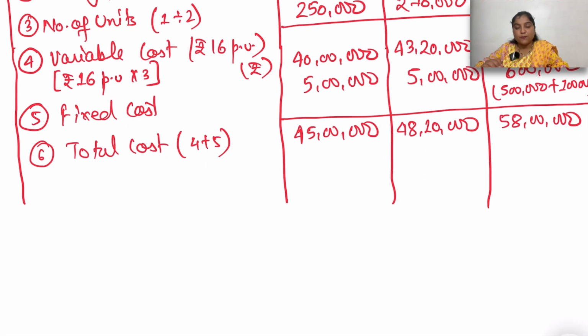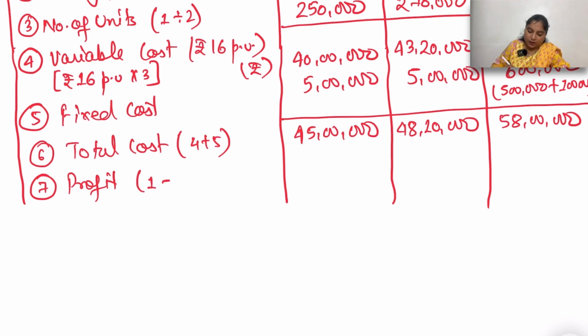Now you can compute the profit. How to compute profit? Obviously the sales value minus your total cost. I'm not telling anything new. Sales was 60 lakh, 60 minus 45, we got 15 lakh in the first case.